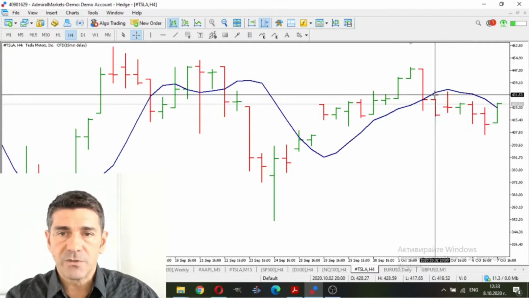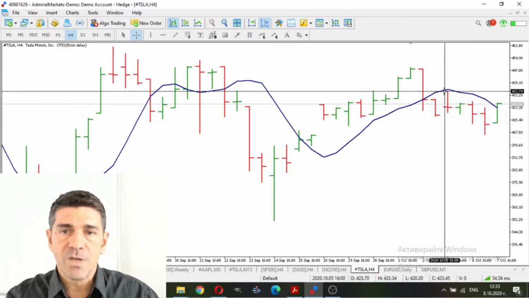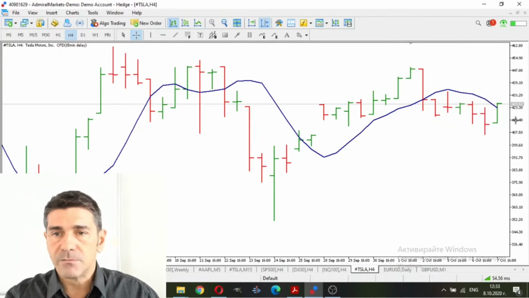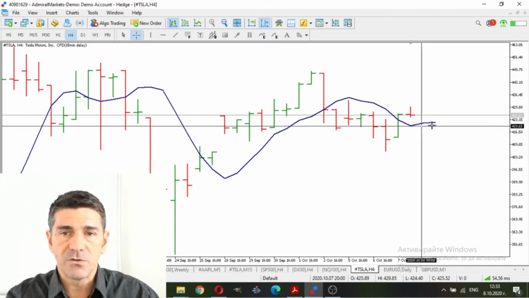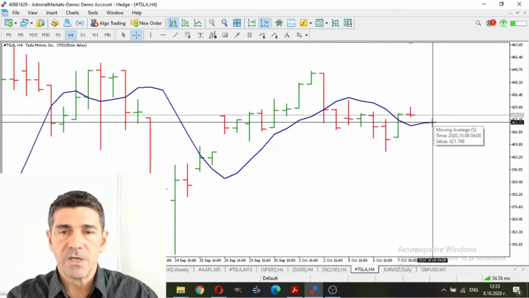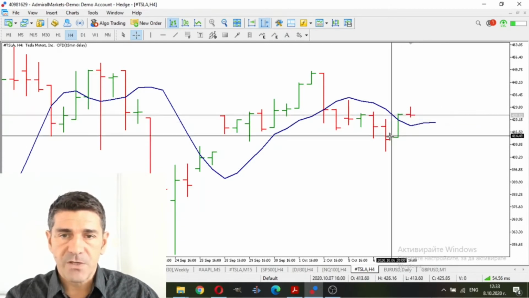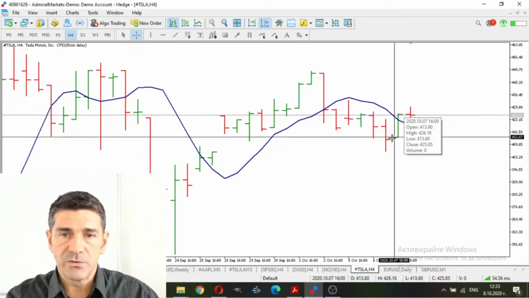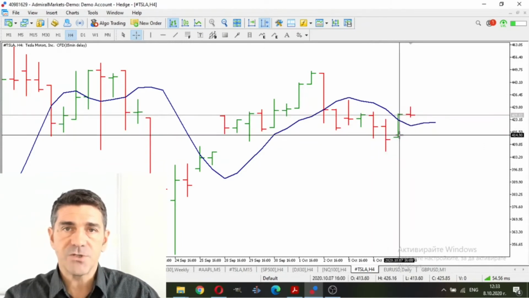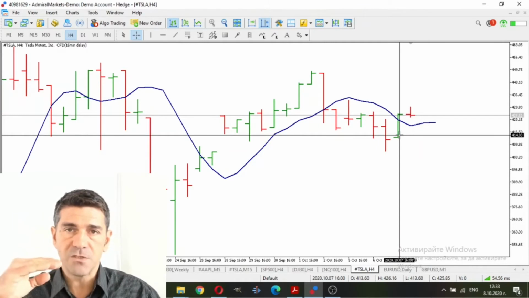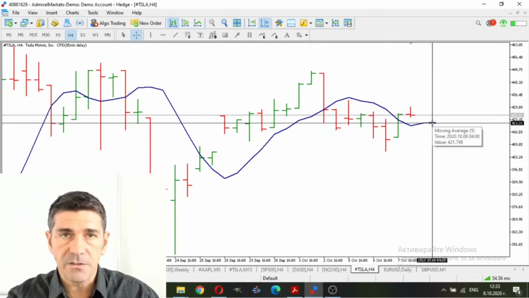On the next period of time, let me put it in this way in order to be more clearly seen. If we take these 5 bars, 1, 2, 3, 4, 5 bars, where is the average of these prices? It is right here.